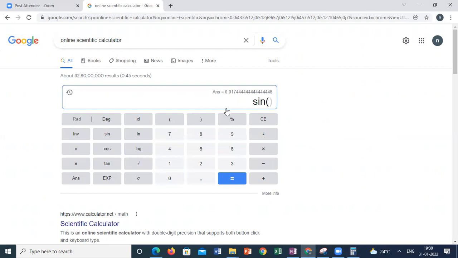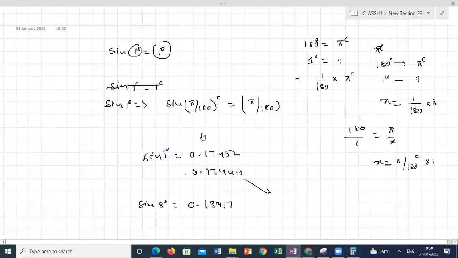Let's see what the value of 8 pi by 180 is: 8 into 3.14 divided by 180 is 0.1395.